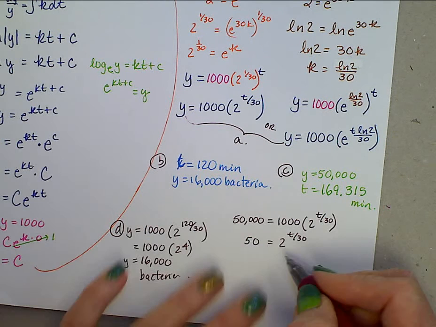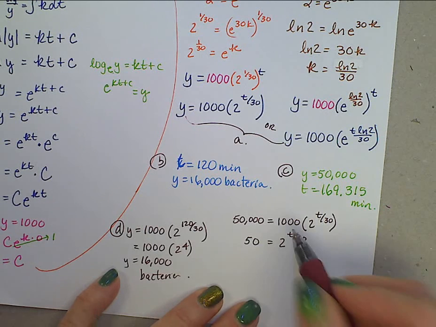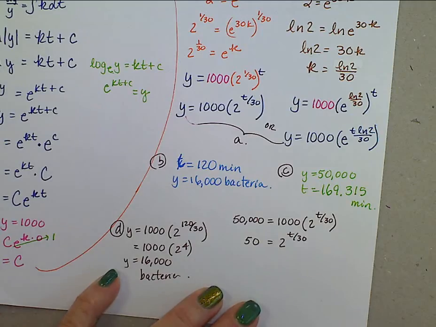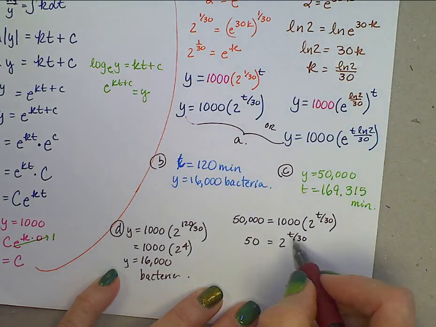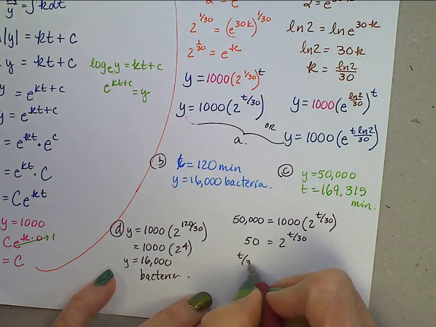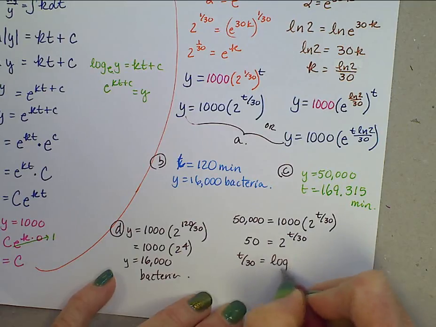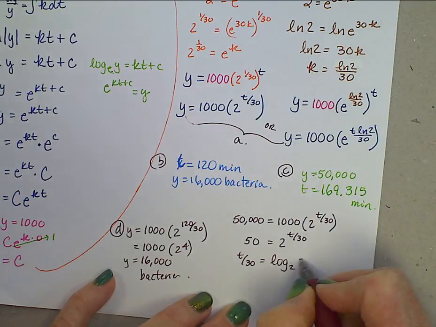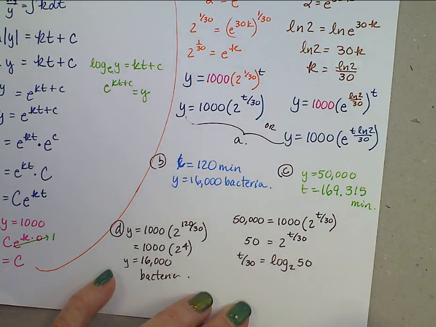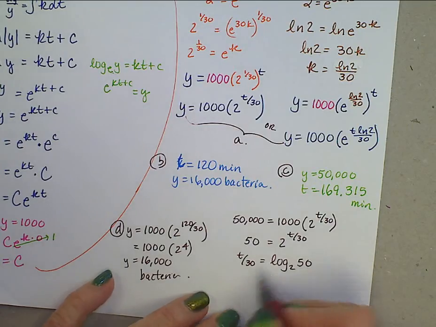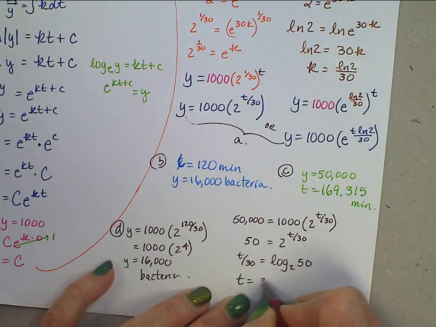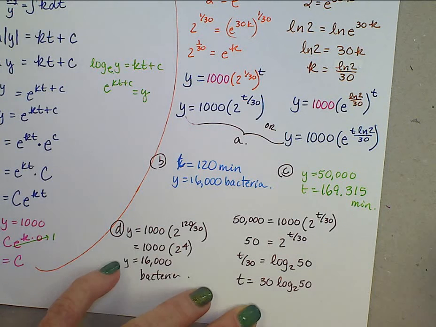All right, I rewrite this back into logarithmic form. So the exponent, T over 30, is log base 2 of 50. Multiplied by 30, T is 30 log base 2 of 50.